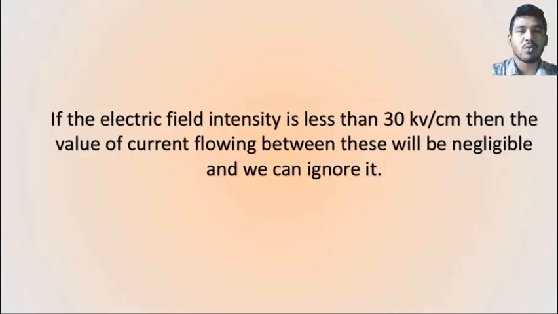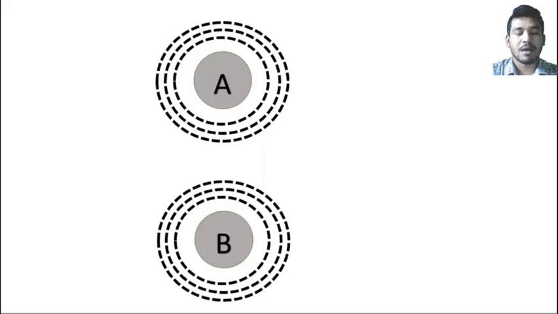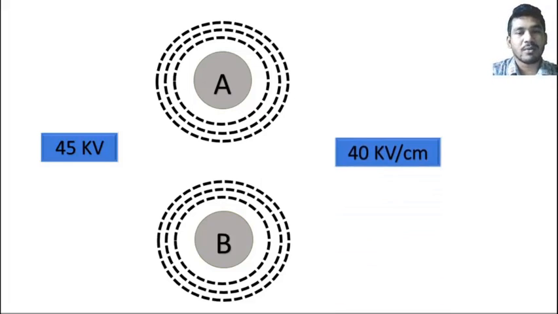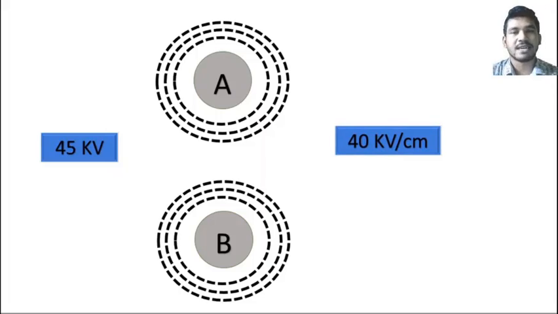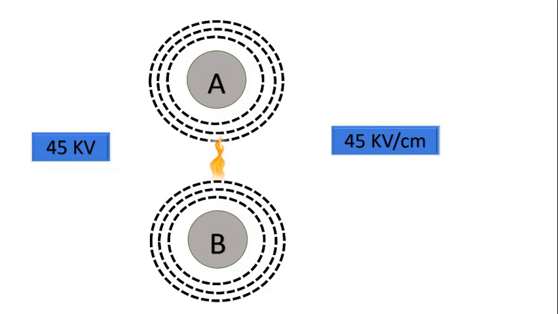But when we increase the voltage from 25 to 45 kV, it increases the intensity of the electric field. Let's say it is now 40 kV per centimeter. The air will lose its insulation property and the electrical breakdown occurs. An arc will strike between these two electrodes.